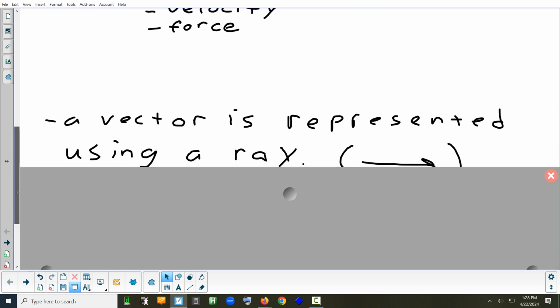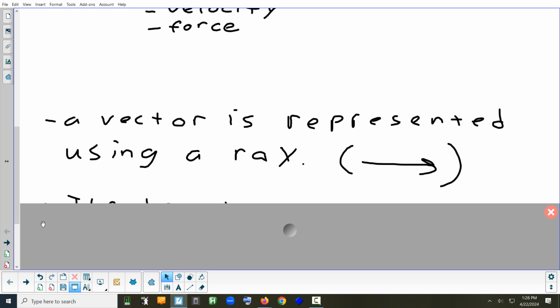So one way we can represent a vector is using a ray, or like an arrow. I'm going to change that to arrow because ray implies that it goes on forever. It doesn't. It stops. And so does an arrow. An arrow can have a stopping point.